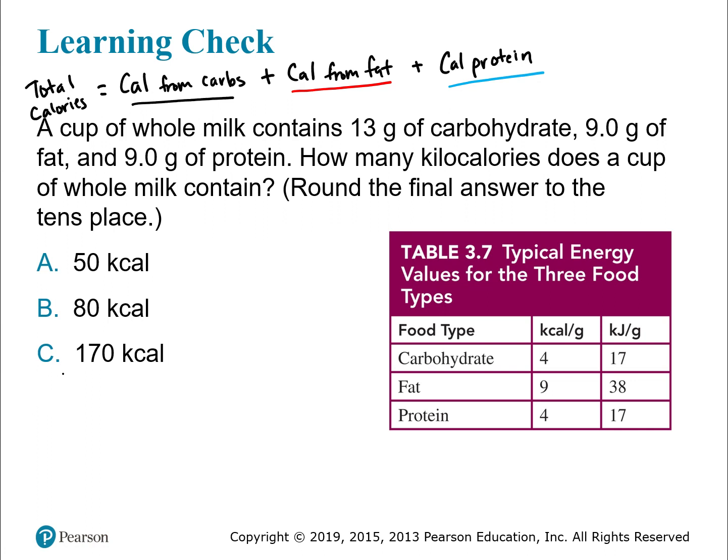So our carbs, we know that there are 4 kcals per gram, and we've got 13 grams of carbohydrates in milk. So that's what our carbohydrates contribute.